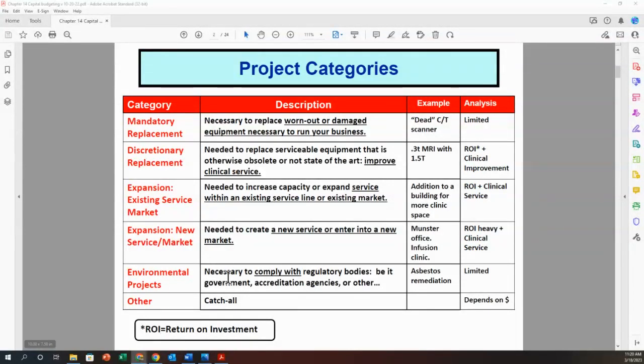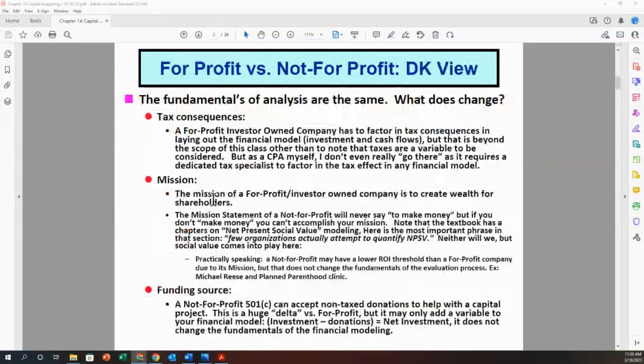ROI, return on investment. Hopefully everyone's familiar with that term. So, the textbook talks about for-profit or not-for-profit. The fundamentals are the same. What does change? Well, obviously, tax consequences. Again, we're not going to go down that rabbit hole.